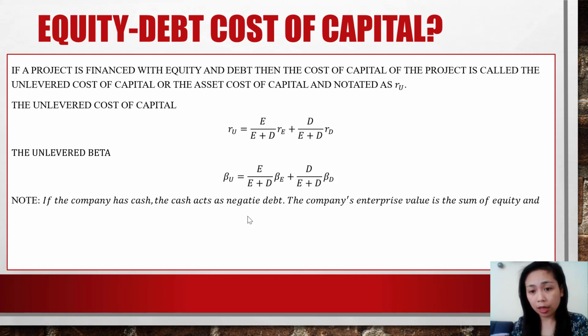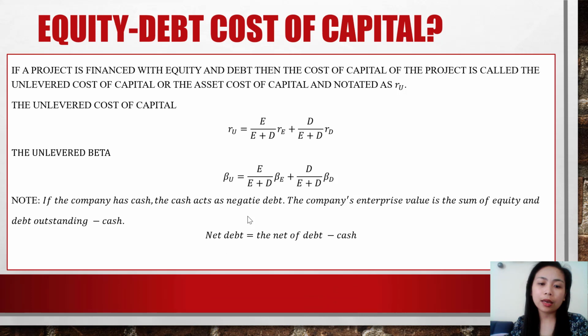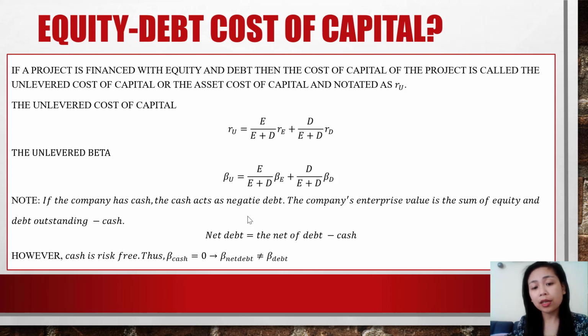The company's enterprise value is the sum of equity and debt outstanding minus cash. Here net debt is equal to debt minus cash. However, cash is risk-free, therefore beta of cash should be 0, leading to the beta of net debt not being equal to beta of debt.